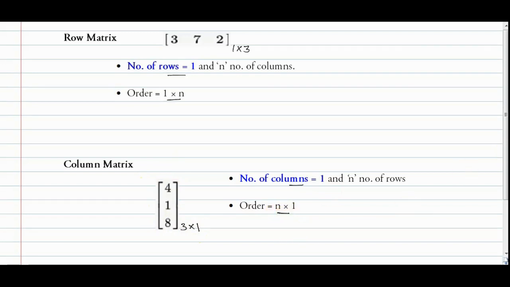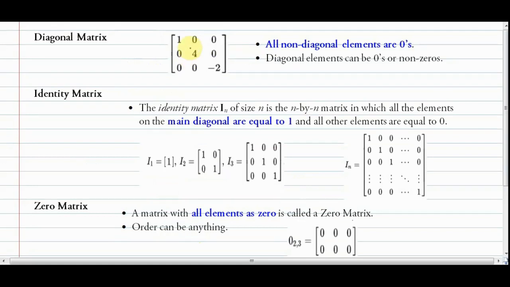Now, coming to diagonal matrix. A diagonal matrix is a matrix in which all non-diagonal elements are zeros. Here you can see the elements along the main diagonal. So this is the main diagonal. Main diagonal is also called the principal diagonal.